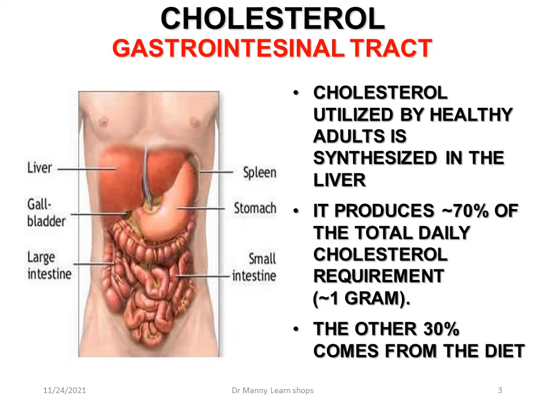So, cholesterol is in the gastrointestinal tract. Cholesterol is used by all healthy adults, and it's made by the liver. The liver produces 70% of the total daily cholesterol requirement, which is approximately 1 gram. The other 30% comes from the diet.